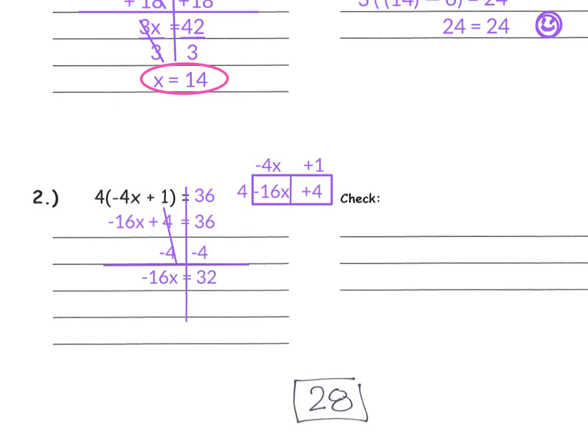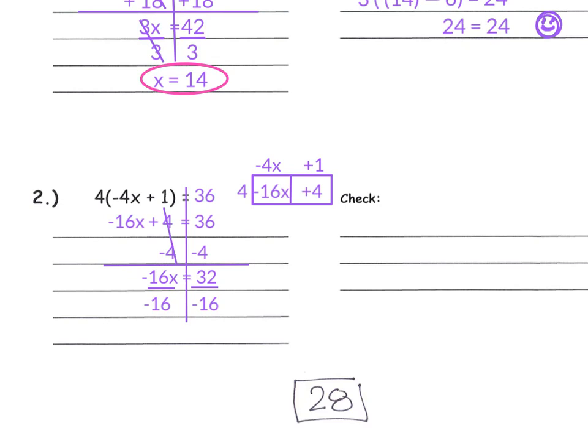And then to get the x by itself, we're now connected with multiplication to the negative 16. The opposite of multiplying by the negative 16, as our instructions tell us, is dividing. Since the x is being multiplied by negative 16, to undo that, or get x by itself, we're going to divide by the negative 16.